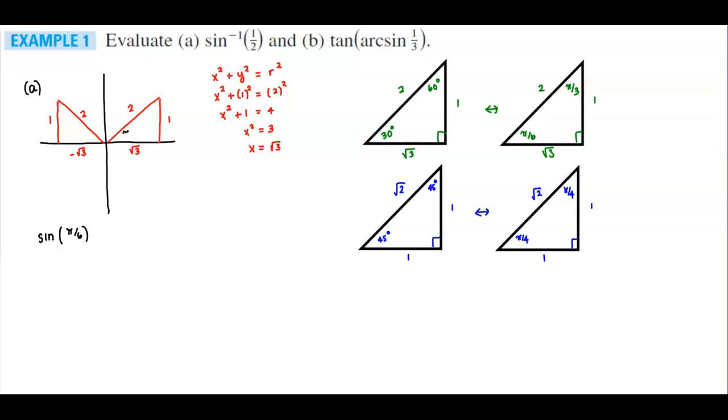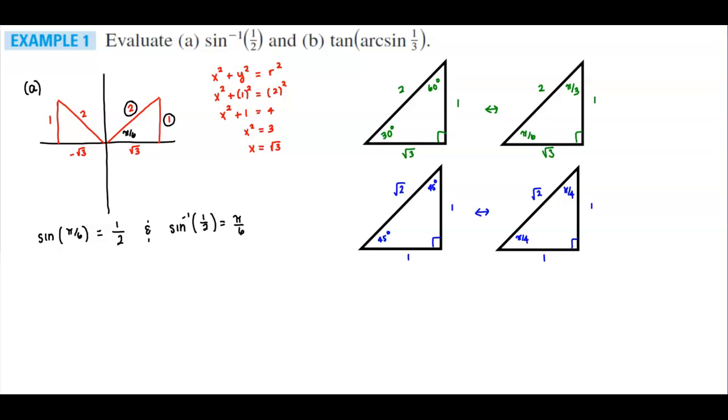Okay, so if this angle is pi over 6, then what is the sine of pi over 6? Well, that's equal to y over r, which is 1 over 2. And so when we think about the inverse, that means we want to find the sine inverse of 1/2. Well, then the angle that we're looking for is going to be pi over 6.